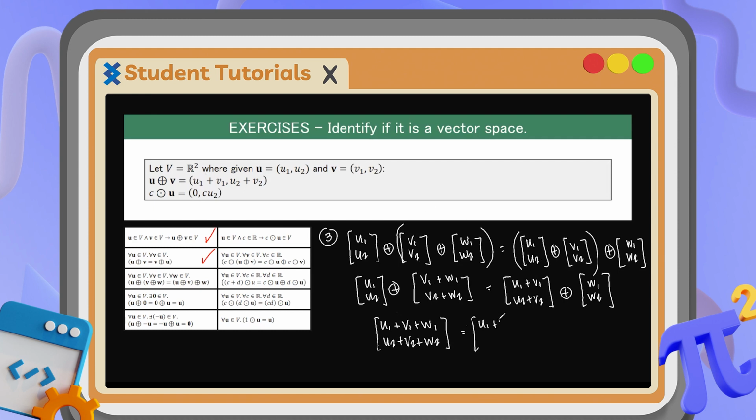So u1 plus v1 first, followed by w1, and then u2, v2, and then followed by w2. And since we got the equal answer here for both sides of the equation, that means that this one is associative. So far so good. We have already 3 out of the 10 to examine.